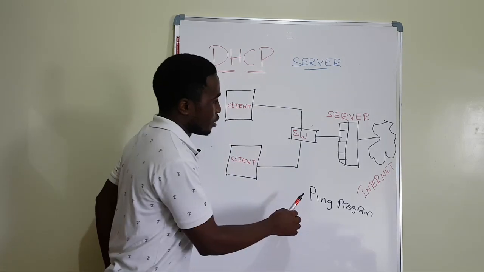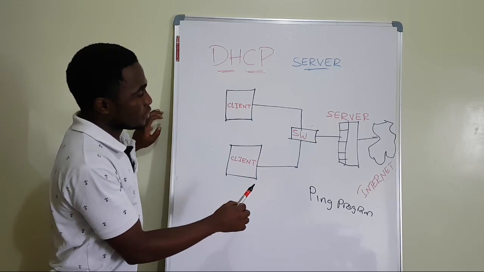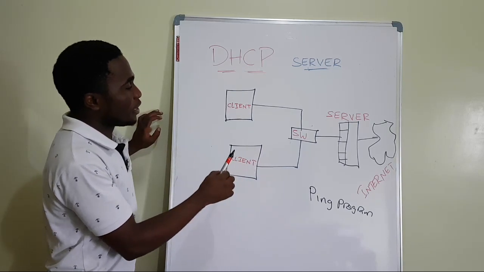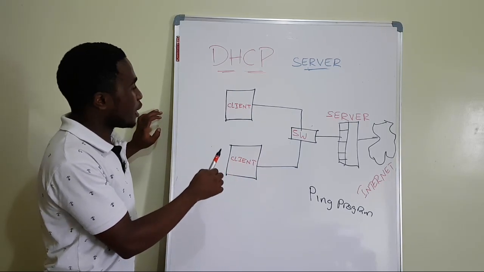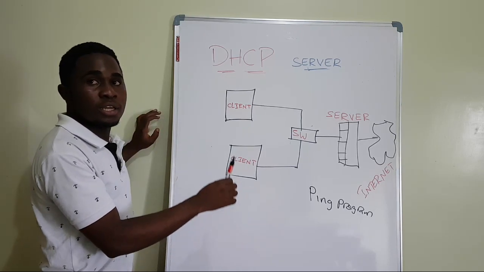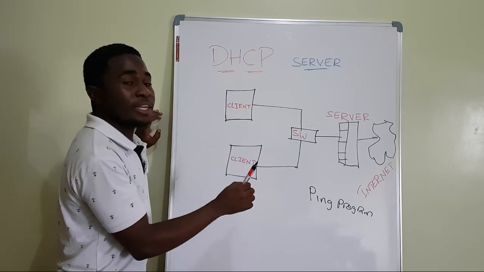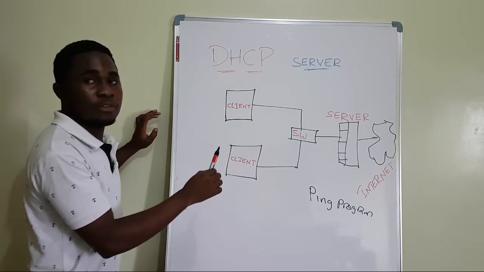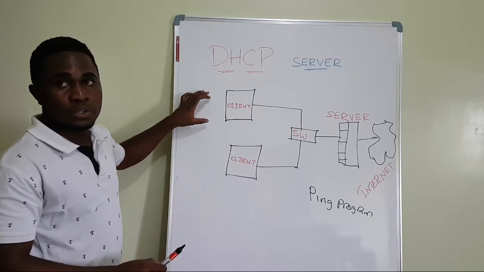So if the pinging happens, that means the IP address has been settled to a client. But if there is no pinging, that shows that the address is not given to the host.